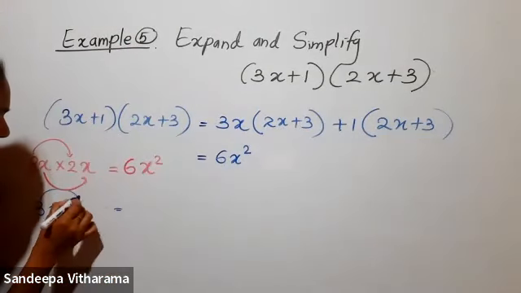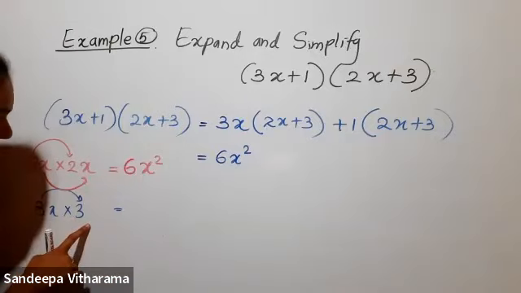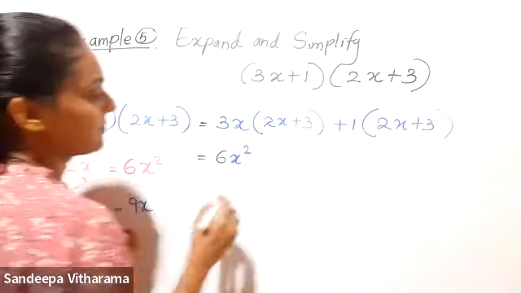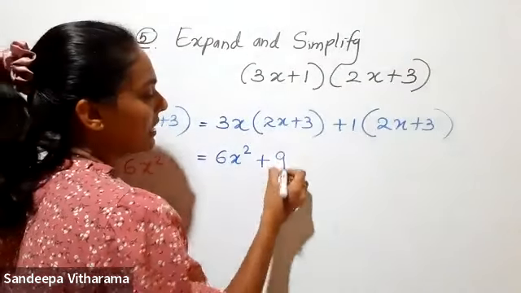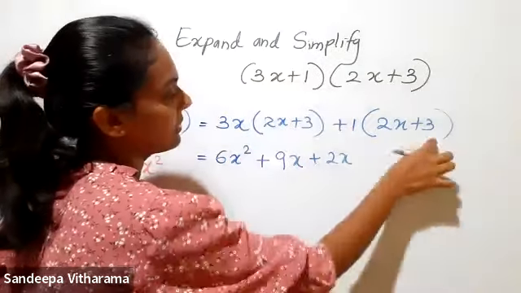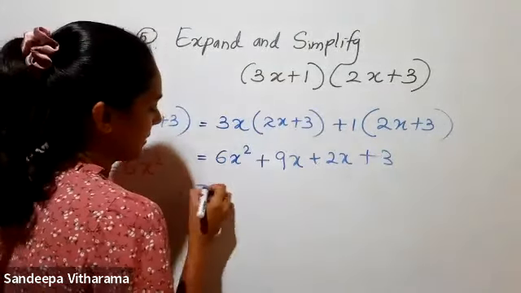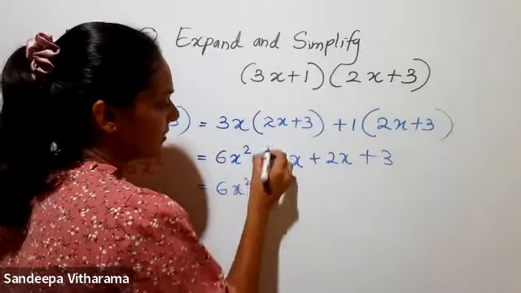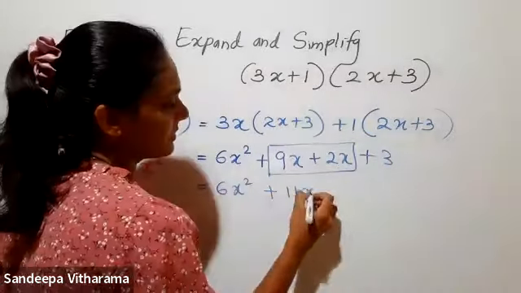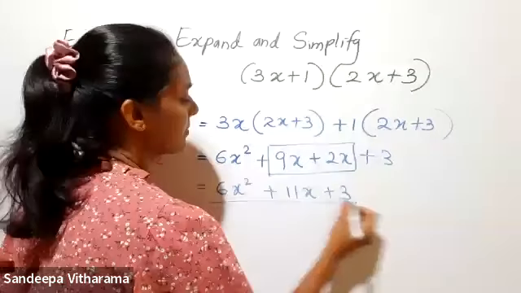Here there is only one coefficient. 3 into 3, it is 9. Then write the algebraic term, it is 9x. Here 1 into 2x, it is 2x. 1 into 3, it is 3. In this case also, you have to simplify the middle terms. It is 11x plus 3.